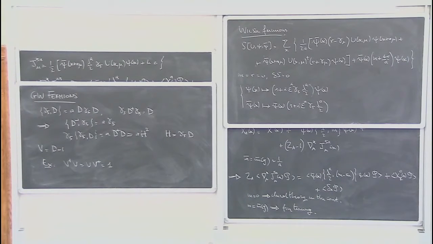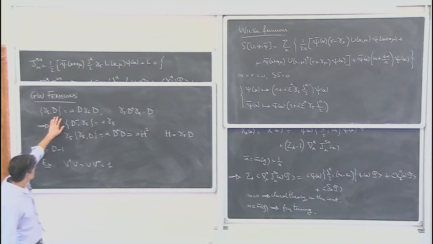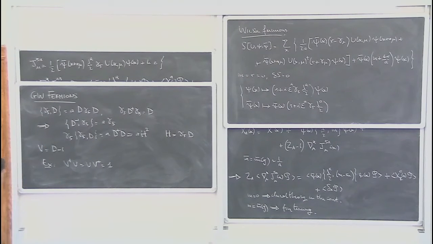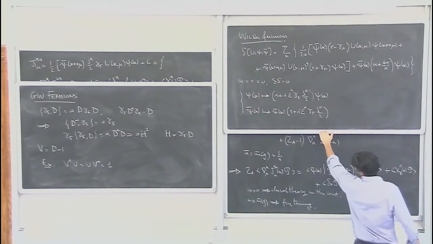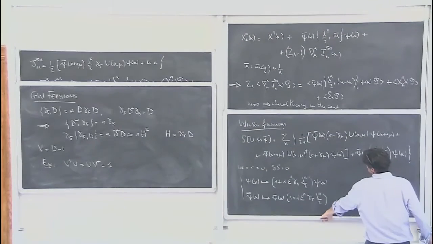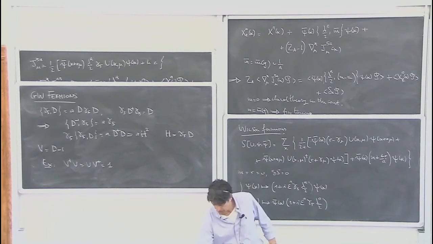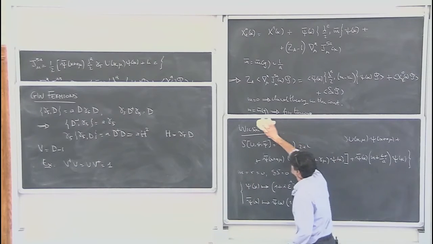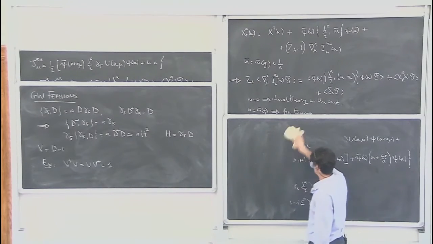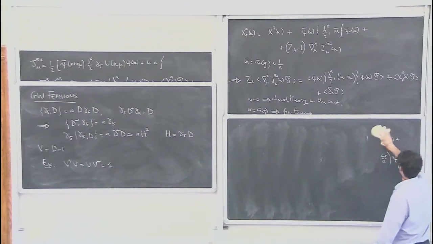Okay? This is the consequence of the Ginsparg-Wilson relation. Now, using the fact that V is unitary, you can immediately derive a result about the spectrum of the Ginsparg-Wilson operator.